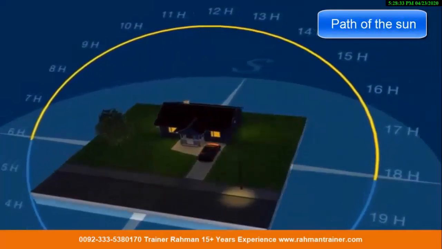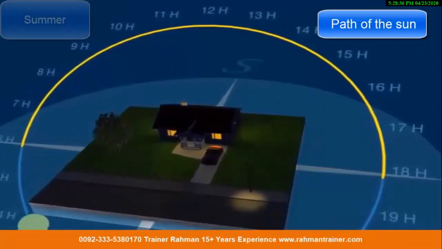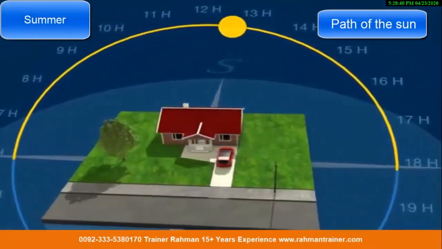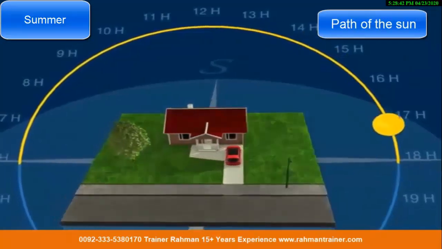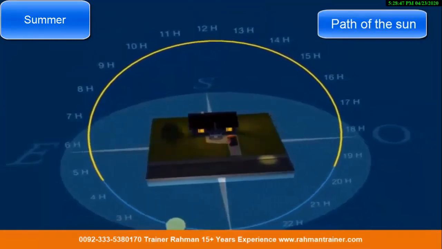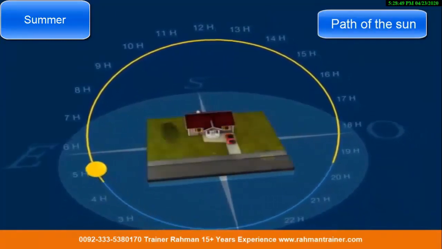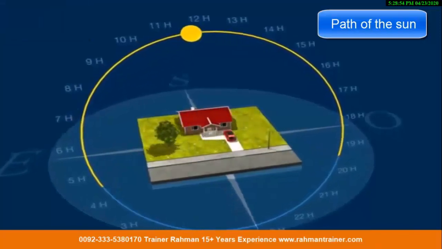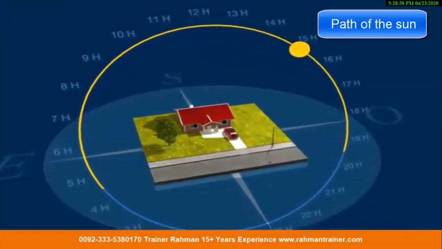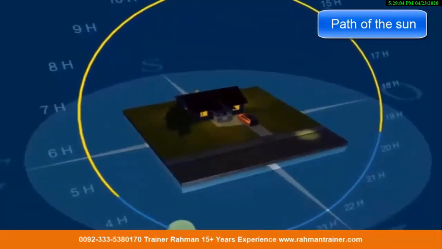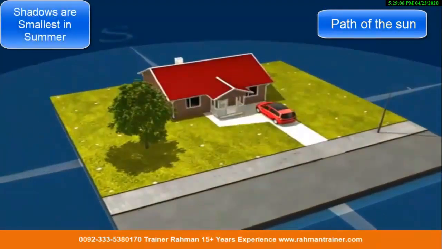Then the path of the sun grows longer in the summer. Like this. The shadows in the summer are at their shortest.